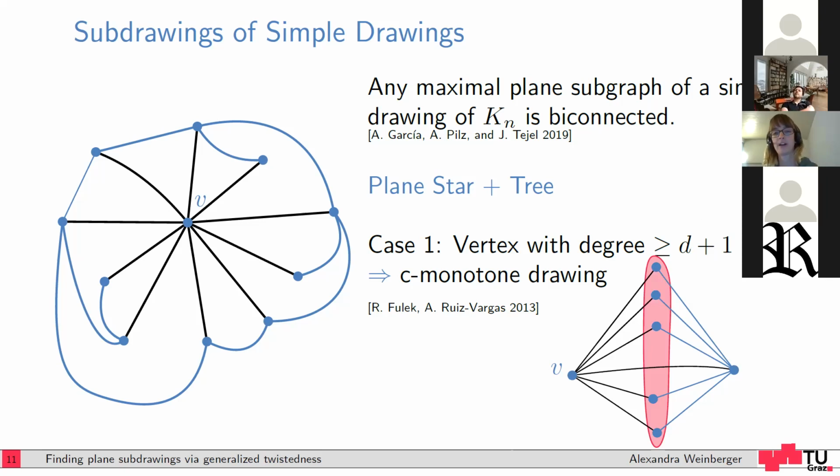So we have found a C-monotone drawing of the complete graph of D vertices, which are exactly the neighbors of our vertex with high degree.